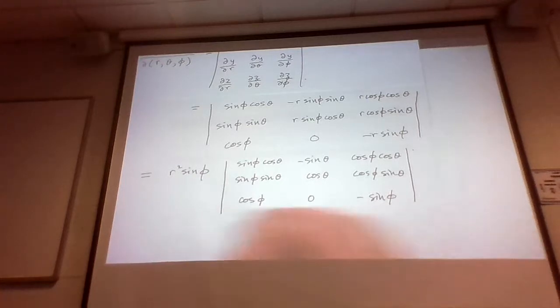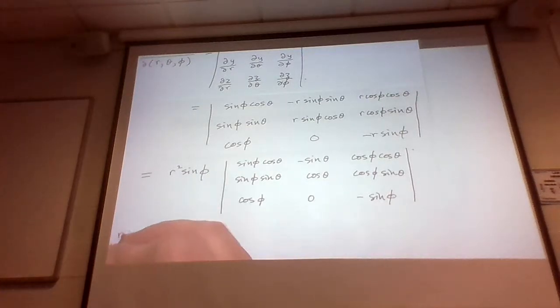So let's go expand it along the third row. That's 5, sorry.